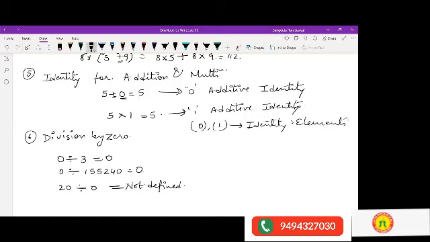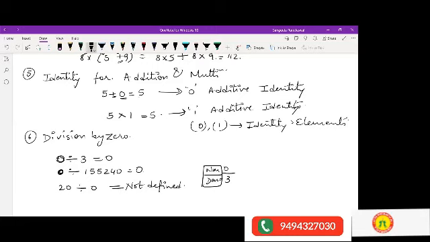We cannot divide. If you have 0 in the numerator part, then your answer comes 0. But if you have 0 in the denominator part, denominator means in a fraction, the upper part is called numerator and the lower part is called denominator. So this is 0 divided by 3.